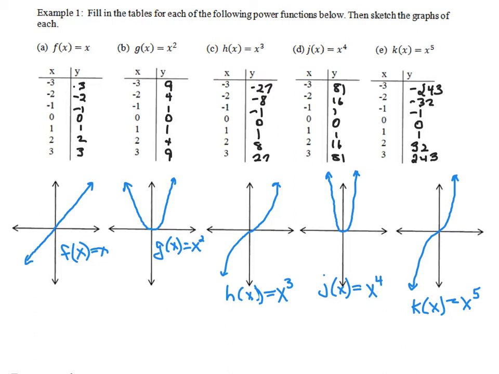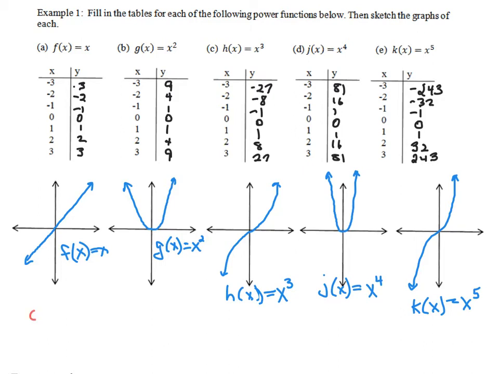Now, as I said before, let's talk about whether each of these functions are even functions or odd functions. So in the case of f of x is equal to x, when I look at the first input and the last input, I notice that as I'm changing my input to the opposite, I also get the opposite output.